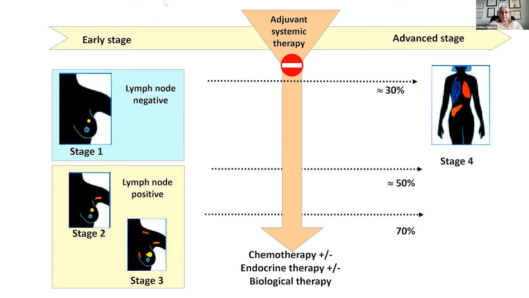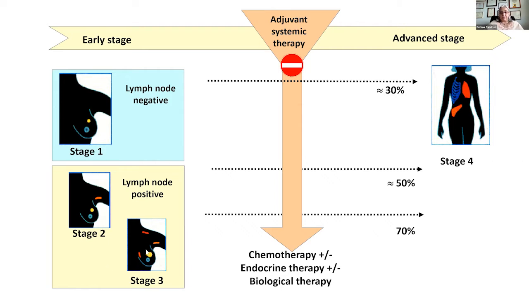So let's first clarify what is metastatic disease and why we sometimes call it metastatic and other times advanced. What you see here is a very simplified way to put the stages of breast cancer. On the left, you have what we call early stage, and this goes from stage 1, where the lymph nodes under the armpit, the axilla, are negative, to stage 2 or 3.